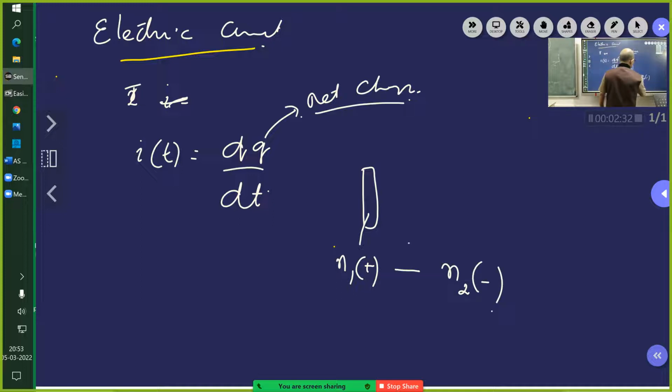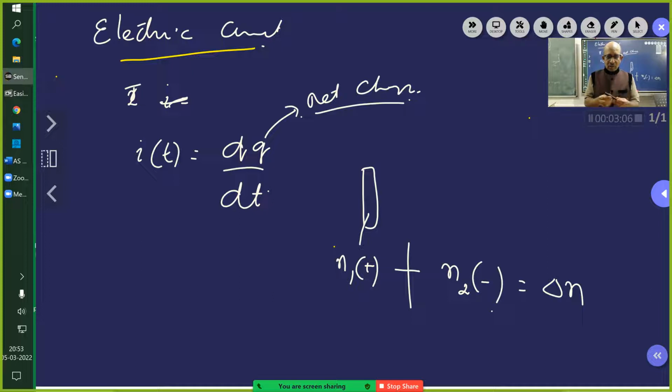So you have to arithmetically add them. Then what we get here is the net charge. If there are n1 positive charges and n2 is also equal to n1, then in a given volume, though you have both positive and negative charges, the net charge in that volume is 0.